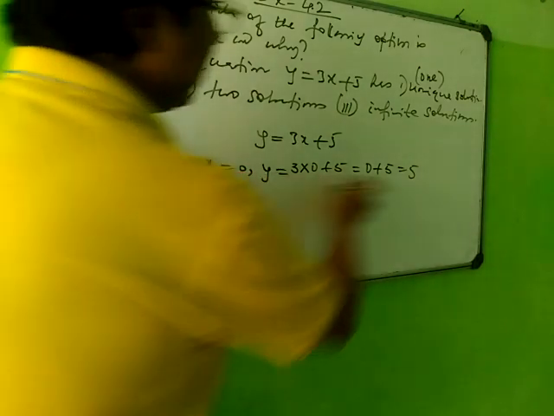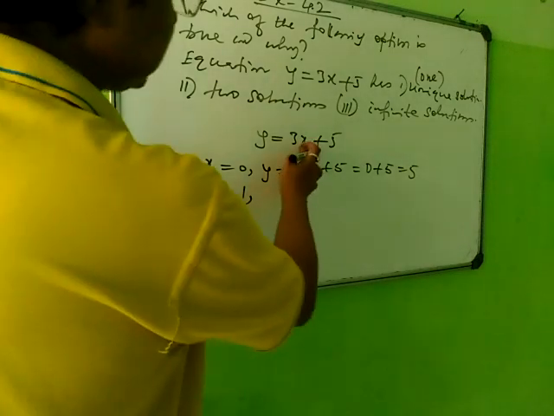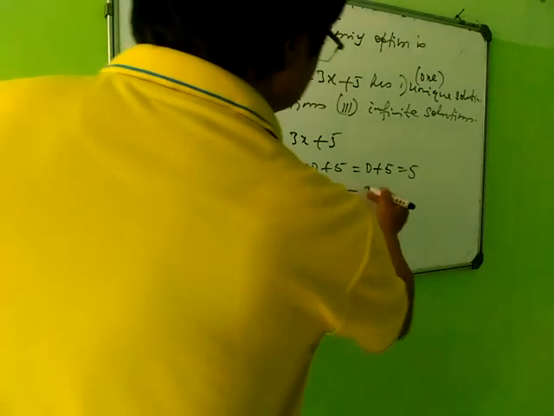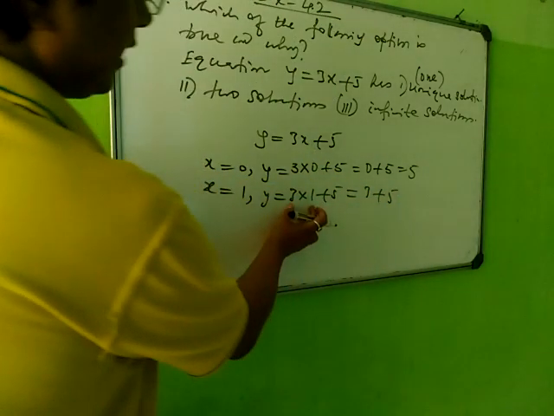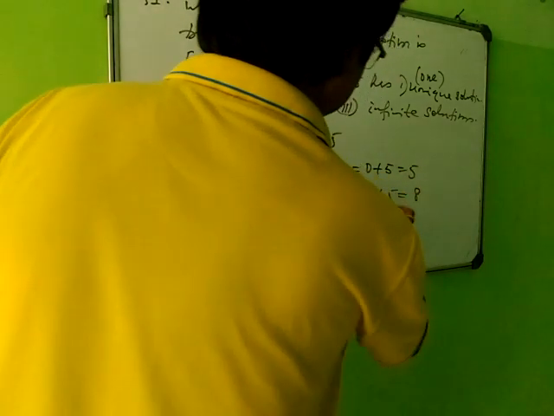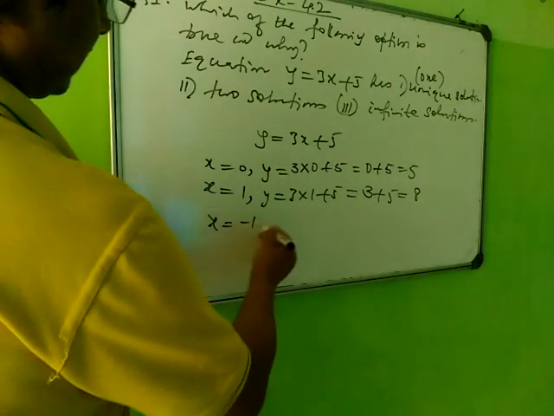Solution means x and y. So 0, 5. Supposing you took x as 1. Y equals to 3 into 1 plus 5, is equal to 3 plus 5, it is 8. Say you took x as minus 1.